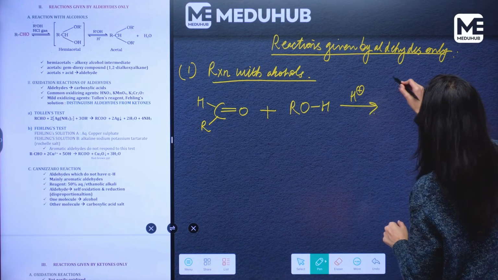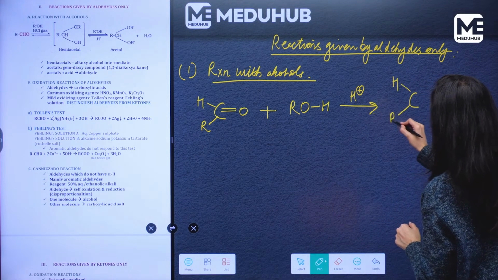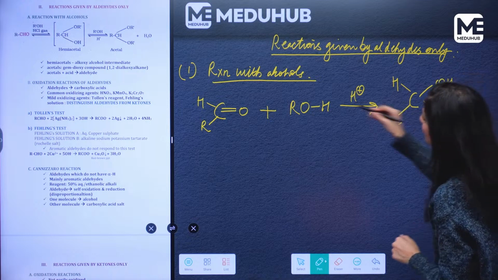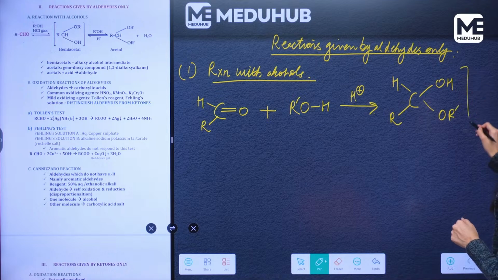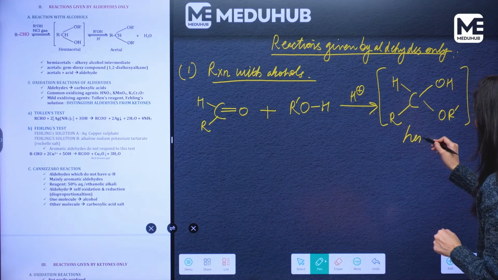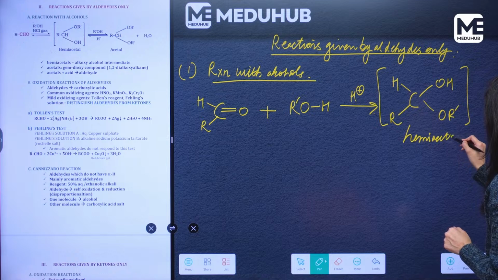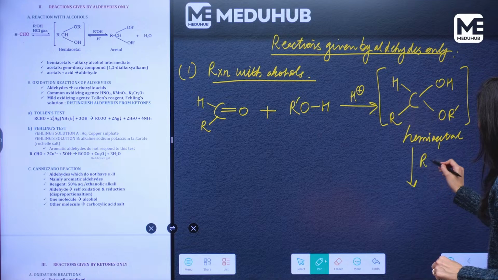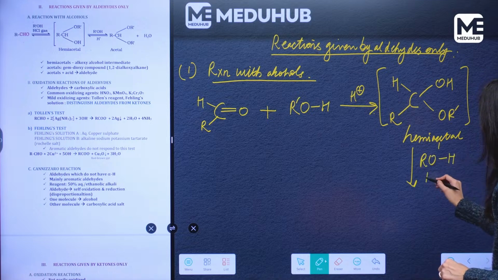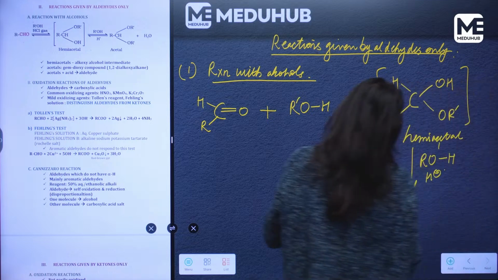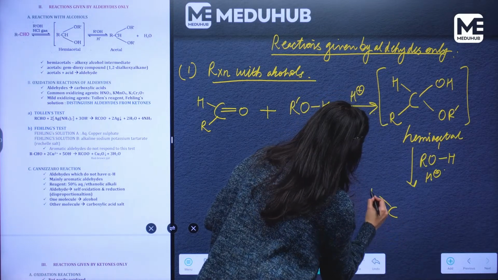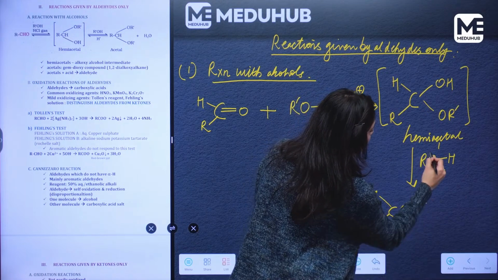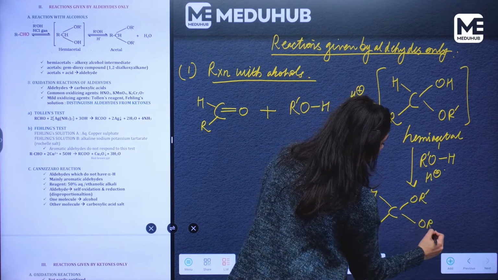So we will get this. R dash to distinguish. This is a hemiacetal. This hemiacetal readily combines with another molecule of alcohol, in the presence of acid, to give an acetal. So OR dash, OR dash.